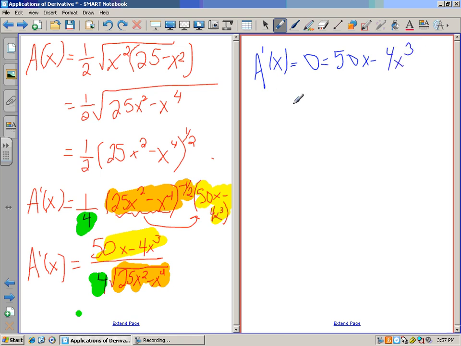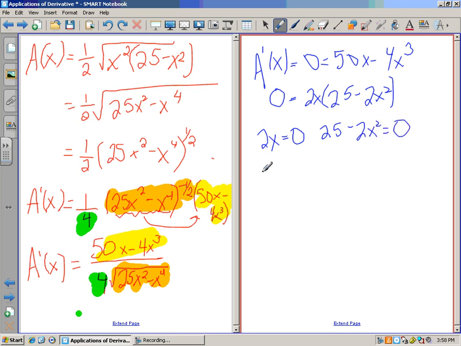Okay, so let's factor out, let's say, a 2x, and what we are left with is 25 minus 2x squared. Okay, so I'm actually going to have 3 critical points at 2x equals 0 and 25 minus 2x squared equals 0.